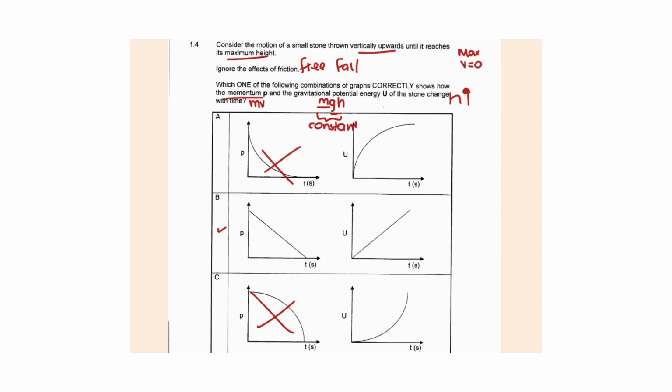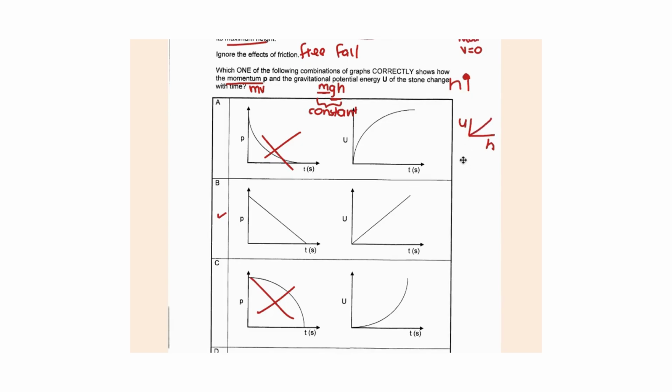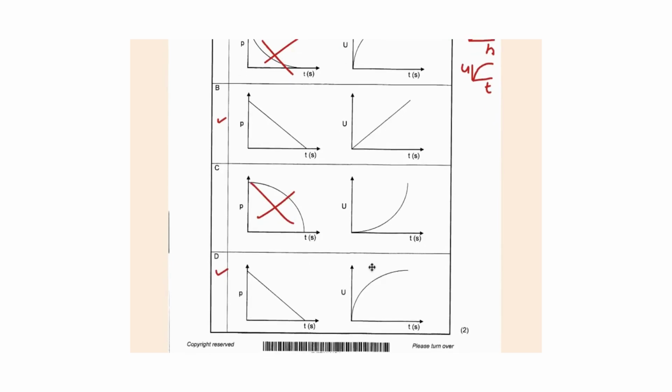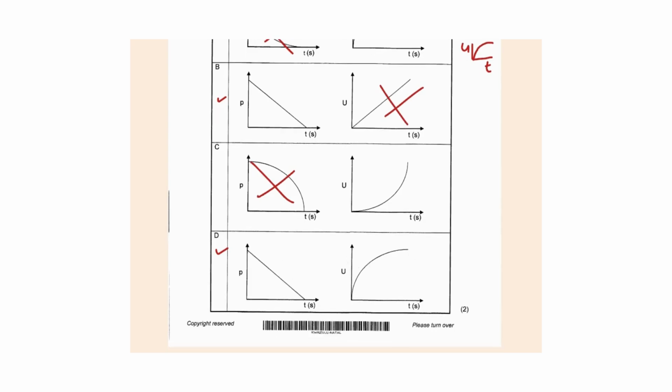If it was a graph of gravitational potential energy and height, yes, we would have a linear increasing graph. But because we have gravitational potential energy and time, we are now going to expect a parabolic or quadratic increasing graph, which eliminates that one, and the only option that we have is D.